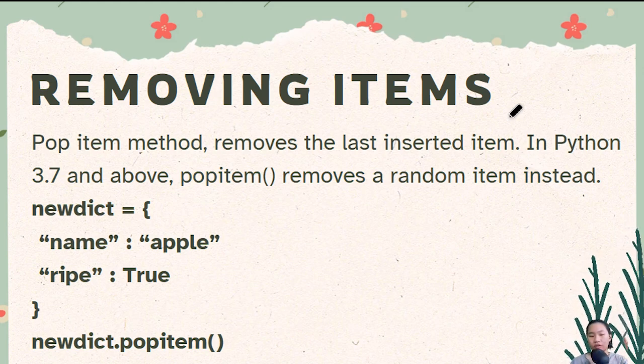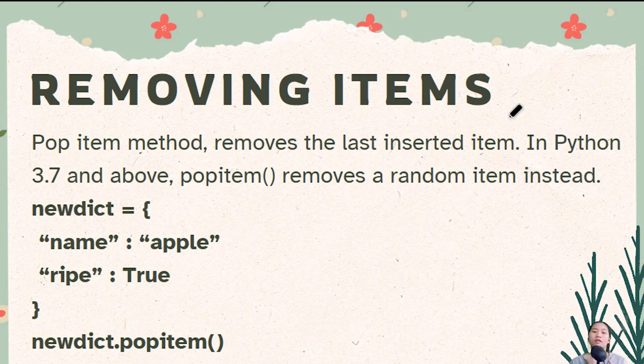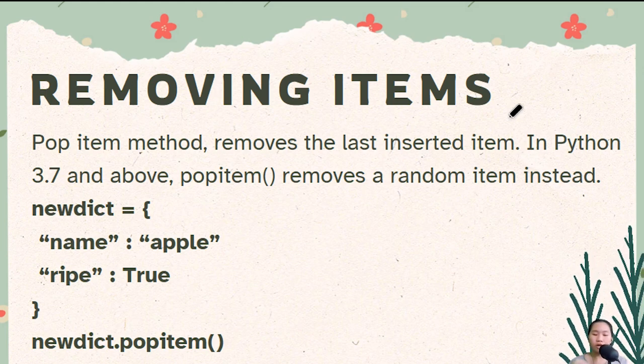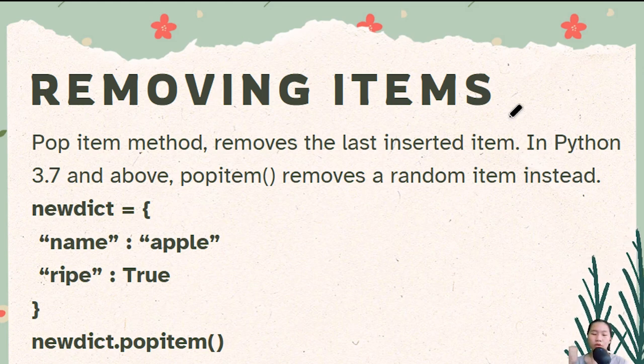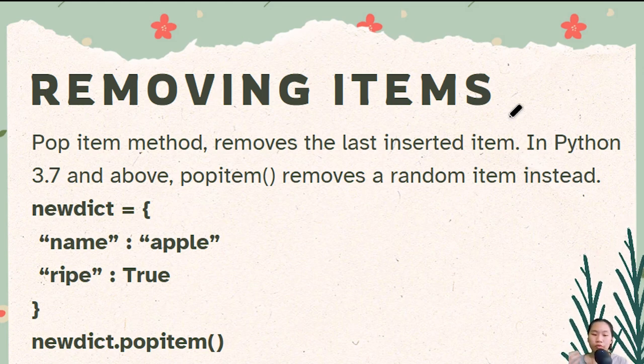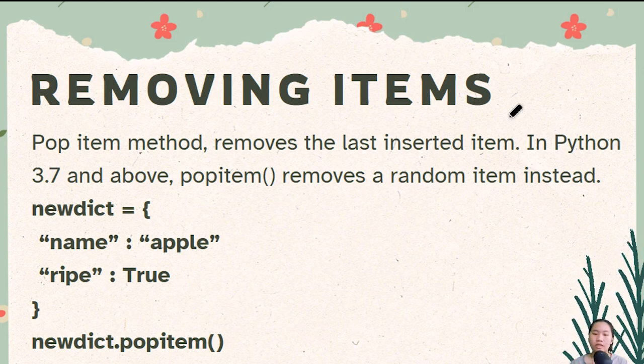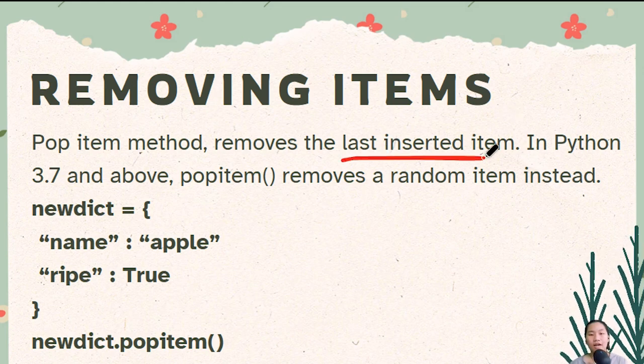So if you see that popitem may have some weird or unusual behavior, the first thing you could do is check the version of Python that you're working with. All right. Now with new dictionary dot popitem, which key-value pair, my bad, will it remove? Will it remove the name, or will it remove the ripe? It will remove the ripe, okay, because it removes the last inserted item.